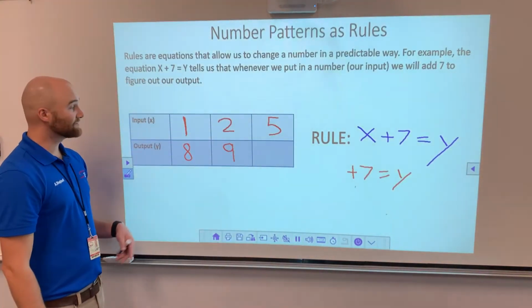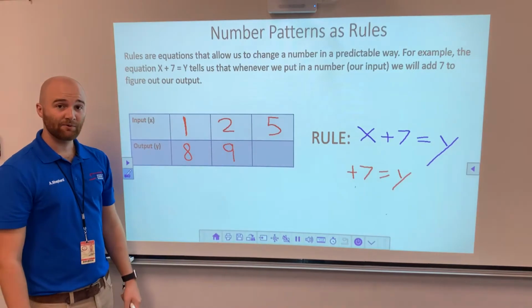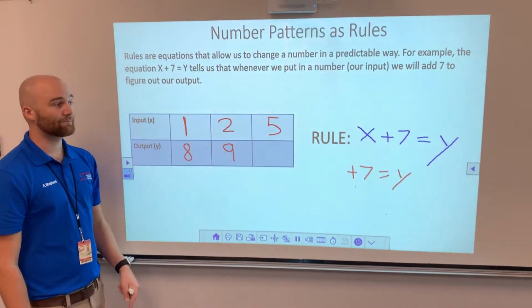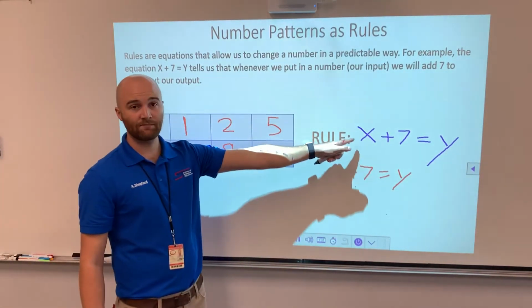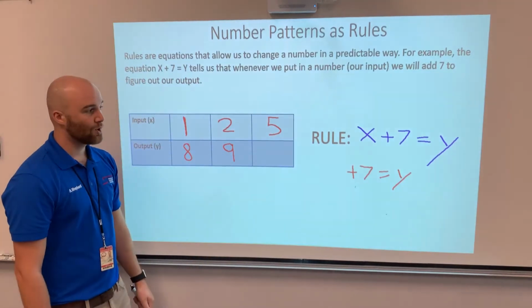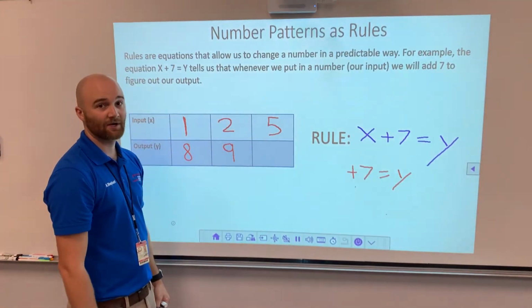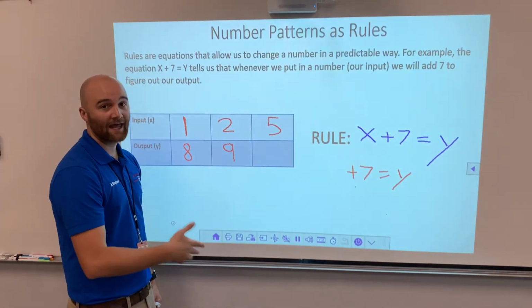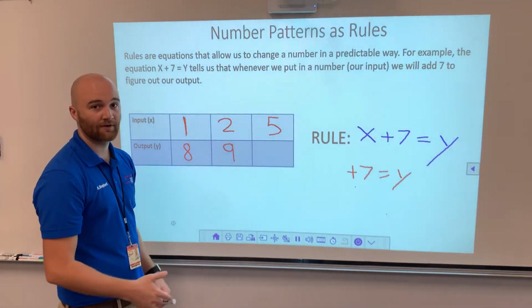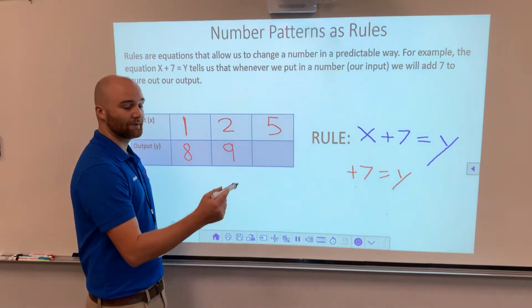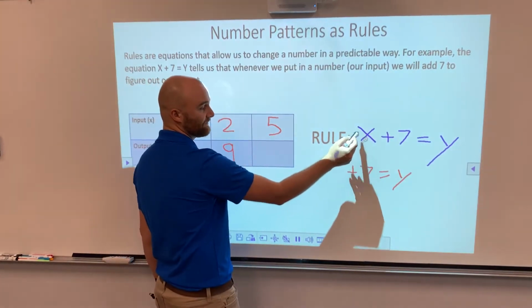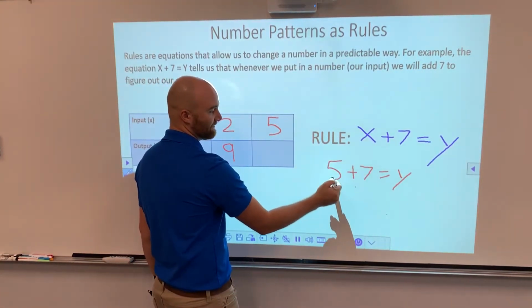All right, I asked you, what would happen if my input was 5? What would happen if I pretended that my input was 5? Well, my input, the thing that's having numbers act upon it, that's either getting added or subtracted or multiplied or divided, I'm going to plug in a 5. Instead of writing x, I'm going to write 5.